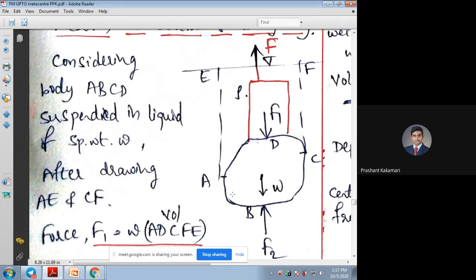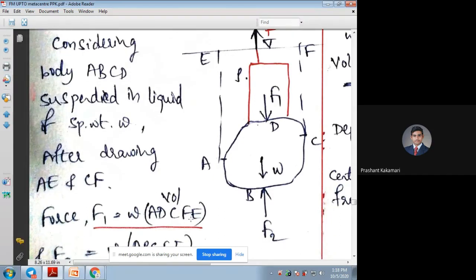Suspended in liquid of specific weight W, they have taken two volumes here from the vertical line. One volume is on the upper side of this stone, and two points E and F are taken at the free surface of water. This upper volume is ADCFE, taken at the top side, due to which the weight acts in the downward direction.